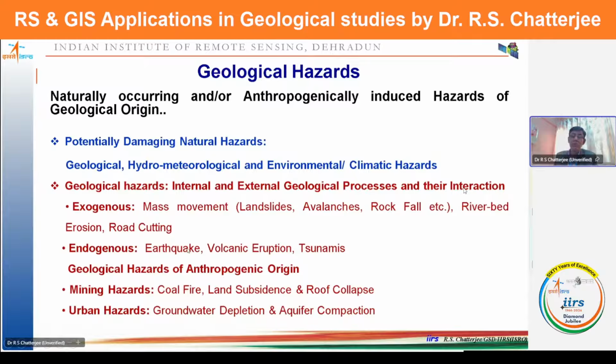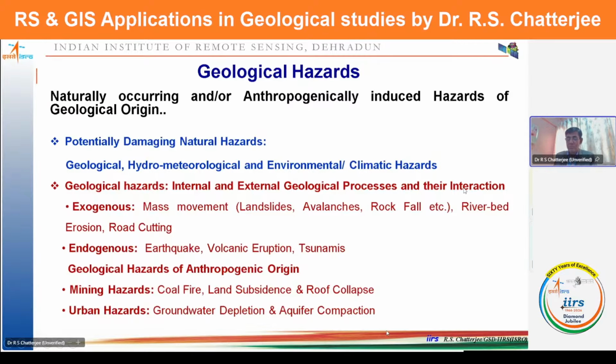Endogenous are earthquakes, volcanic eruptions, tsunamis. Then there can be anthropogenic origin, like mining hazards: coal fire, mine subsidence, roof collapse. And urban hazards, like groundwater depletion, aquifer compaction, land subsidence, and water contamination with arsenic or a high concentration of fluoride.